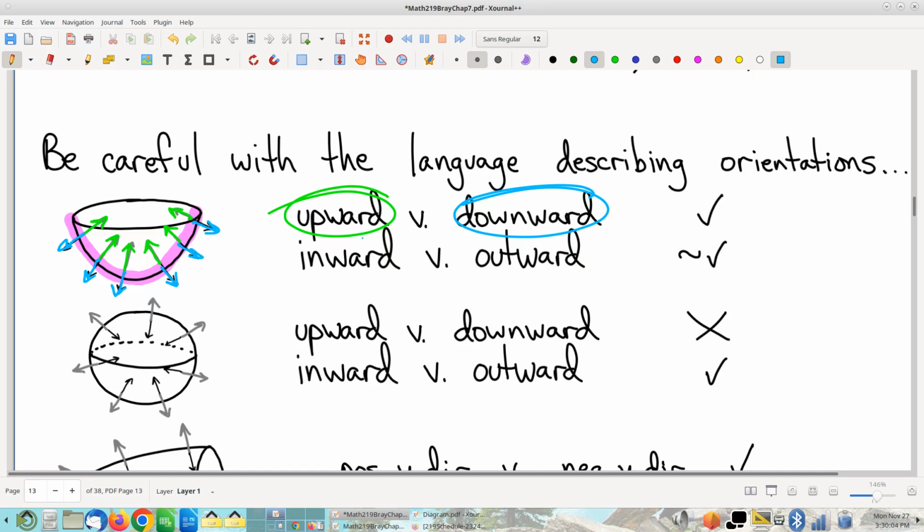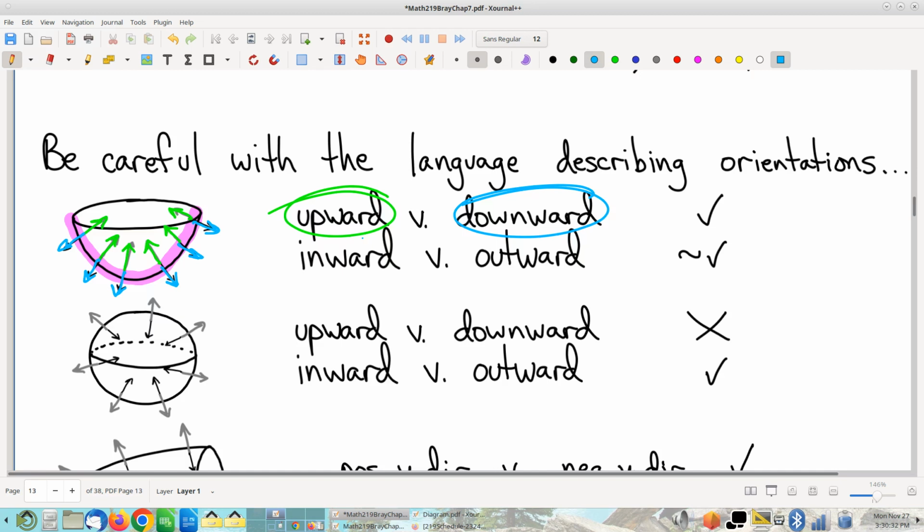What I like about this first example is, you look at these green vectors, they're not pointing exactly upward, but they are all pointing at least somewhat upward, and even more importantly, none of the blue vectors are pointing even slightly in any sense upward. So even though this word upward is not precise, it's very unambiguous.